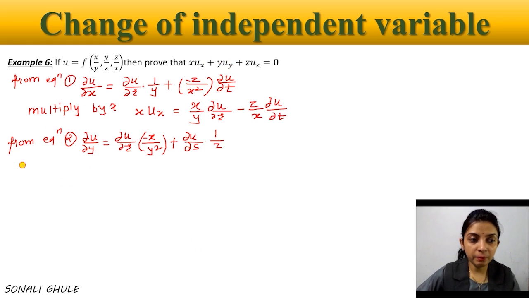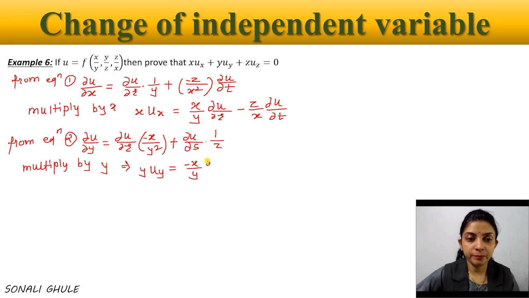So we have to multiply this by y. So multiply by y here. What do we get? Y into uy is equal to minus x upon y, u with respect to r, plus, if we multiply by y, it is y upon z u with respect to s.